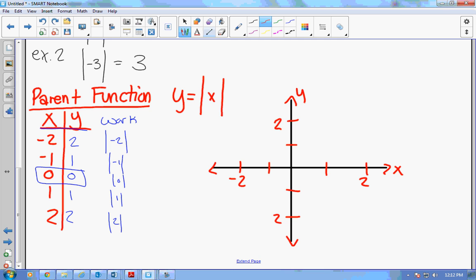Please label with numbers. Medium size is fine. Okay, and plot the 5 points we found. We're looking for what shape an absolute value looks like. Yep, that'll be fine. Okay, and label them.